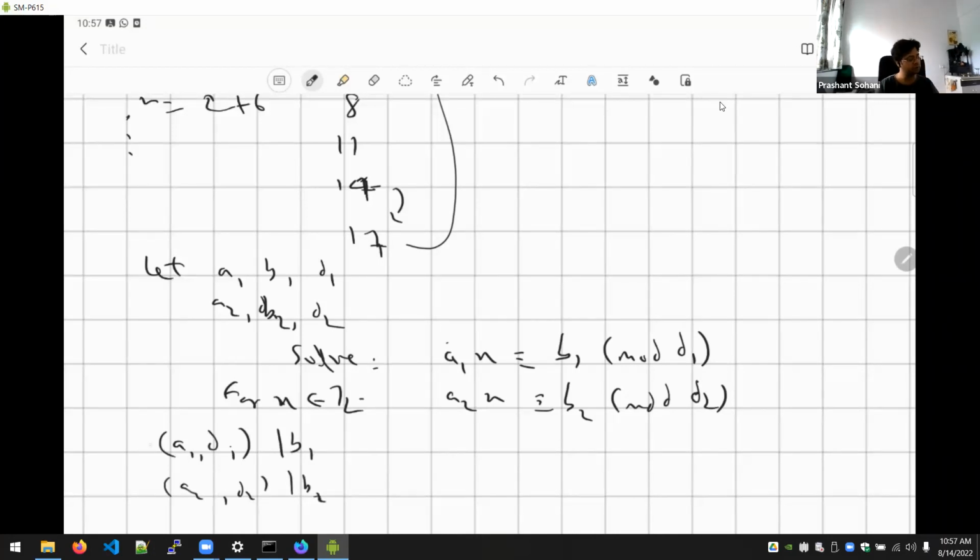Do you think that if these two conditions are met, then the family as a whole will also always have a solution, or may not be true? There could be some cases where individually there is an x which satisfies the first equation and an x which satisfies the second equation, but it's not possible to have a simultaneous solution. Could that happen?